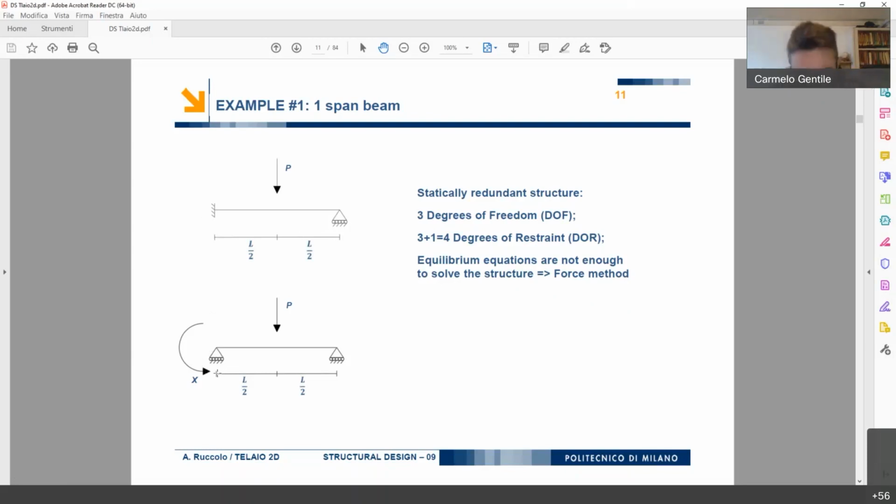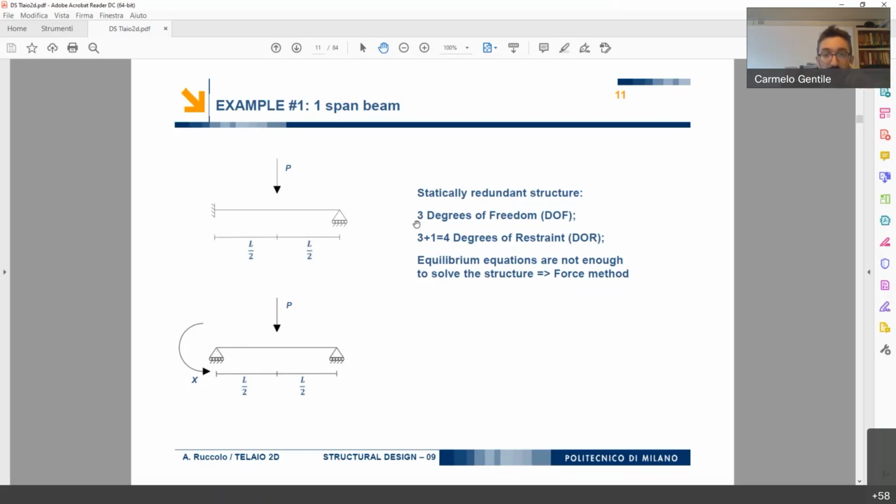Okay, this is theoretically a mistake, but practically it is fine because the difference between the vertical support and the hinge is just that the hinge prevents also the possibility to have a horizontal displacement in this point. But we know that if we have no horizontal forces, the structure will not tend to go anywhere horizontally.